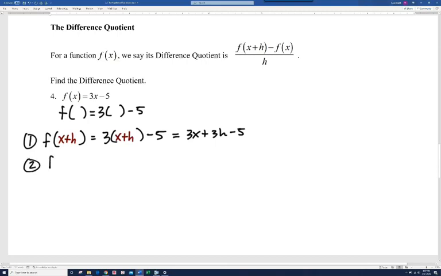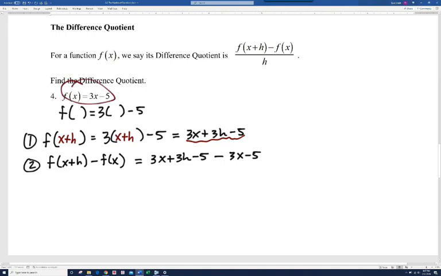So next, I want to find f of x plus h minus f of x. So notice what we're doing. We're just putting this together. We're now working on the numerator. All right, so we already know what f of x plus h is. We just found that. So I'm going to go ahead and write that down. And then minus f of x, so that'll be minus 3x minus 5.